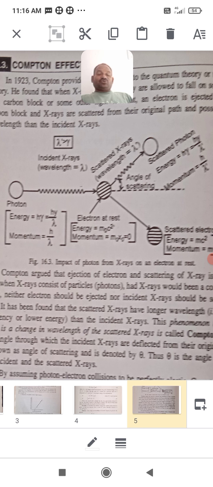The angle through which the incident X-rays are deflected from their original paths is known as the angle of scattering and is denoted by theta. The theta is the angle between the incident and the scattered X-rays.